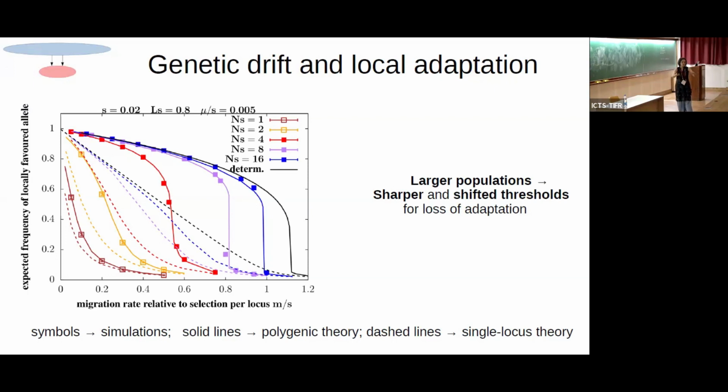This is because, again, there's a positive feedback: increased divergence at individual loci results in increased divergence at the level of the trait, reduced effective migration rate, and so on. So we see sharper thresholds in larger populations and for loss of migration.